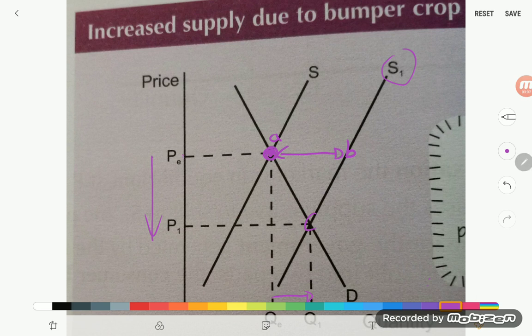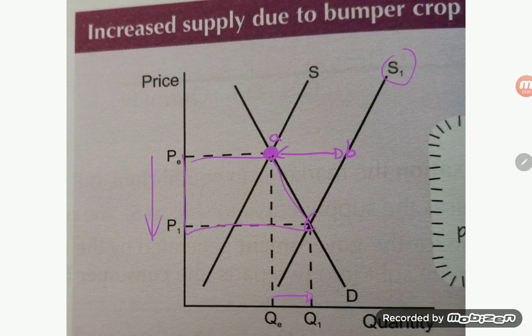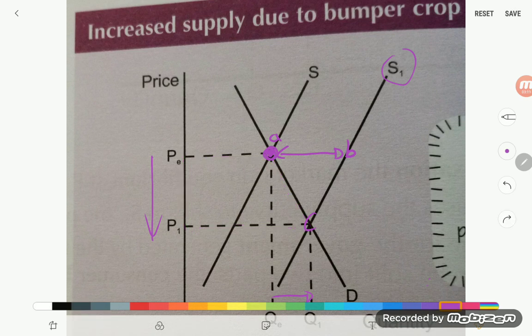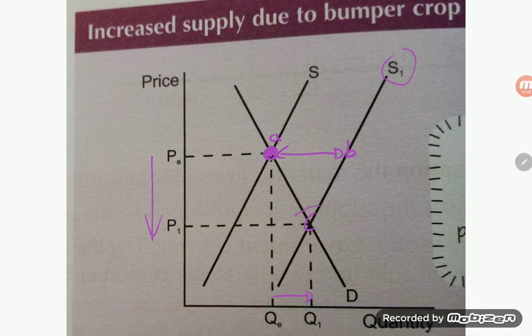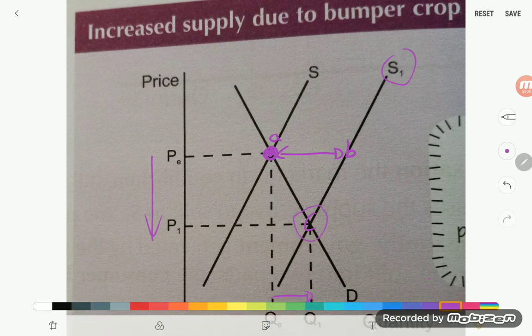There will also be a contraction in supply from B to C, because the lower price means that less profit will be made. This means we're back in equilibrium at C.